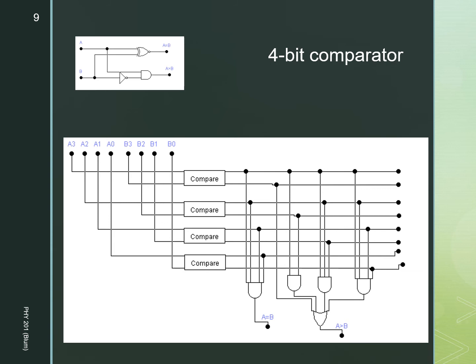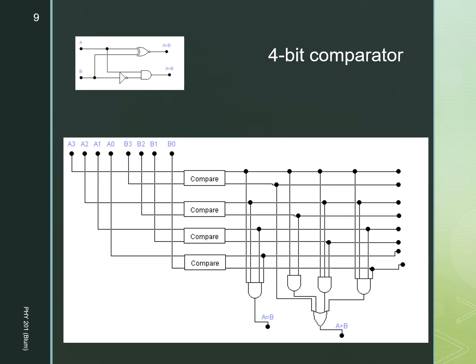The upper line corresponds to true or false, A3 equals B3, and the lower output coming out of the compare box is whether A3 is greater than B3. And then we do that for A2 and B2, A1 and B1, A0 and B0.